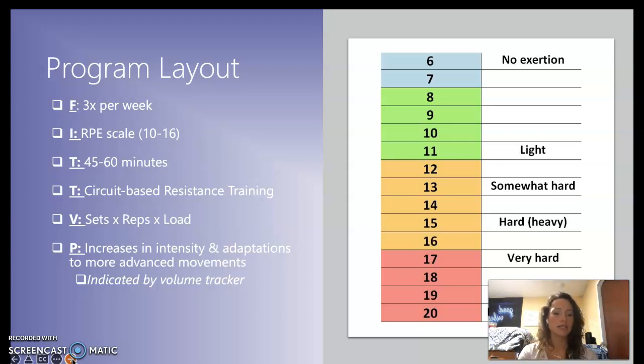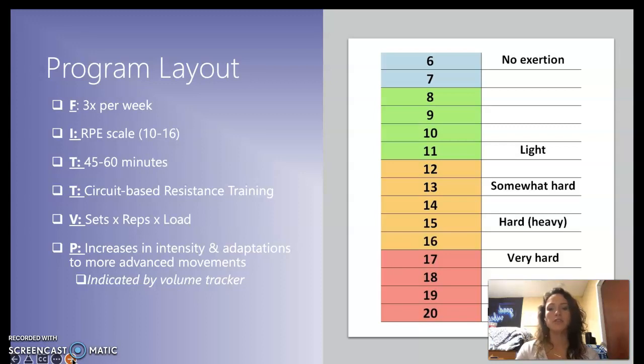What I implemented into his warm-up was some sort of cardiovascular training, such as the NuStep, which is where we started. I incorporated arm ergometry, cycle ergometry, and walking, progressively, of course, to give him a little bit of cardiovascular endurance work.